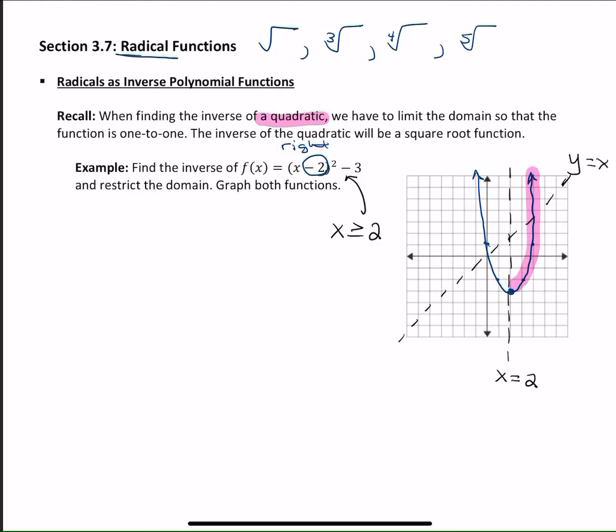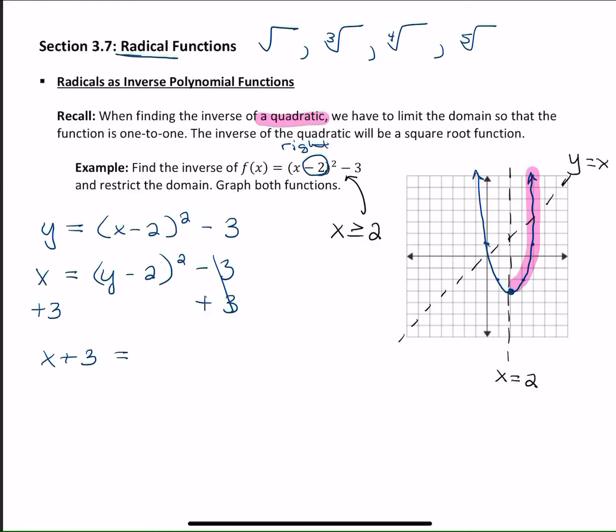So now let's look at the function f of x of our quadratic. First of all, I'm going to change the f of x to y. And then to take the inverse, you switch your domain and range. So I'm going to change my y to an x and my x to a y. And then I'm going to solve for y. So I'm going to add 3 to both sides. So I've got x plus 3 equals (y minus 2) squared.